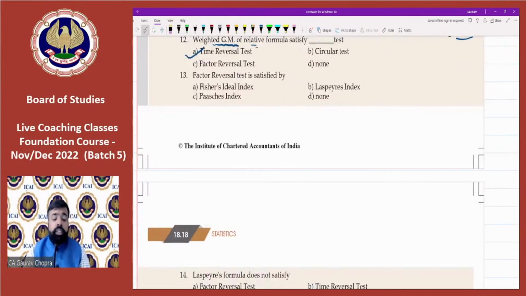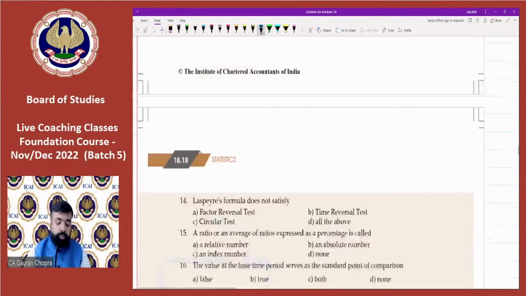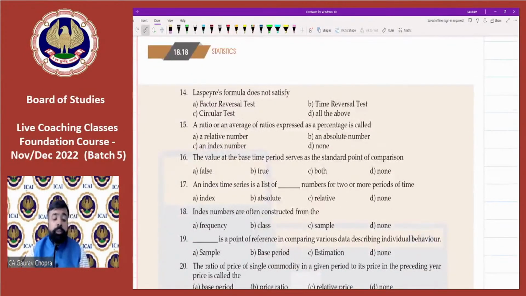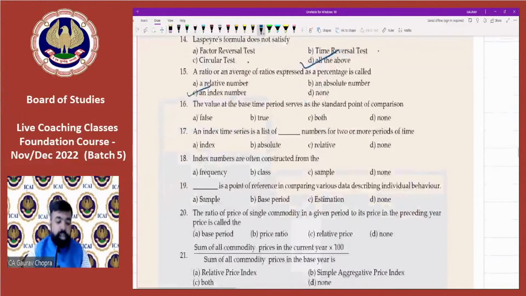Then factor reversal test is satisfied only by Fisher. Last pair does not satisfy factor reversal, time reversal, or circular, so the answer is all of the above. A ratio or an average of ratios expressed as percentage is known as index number. 16.